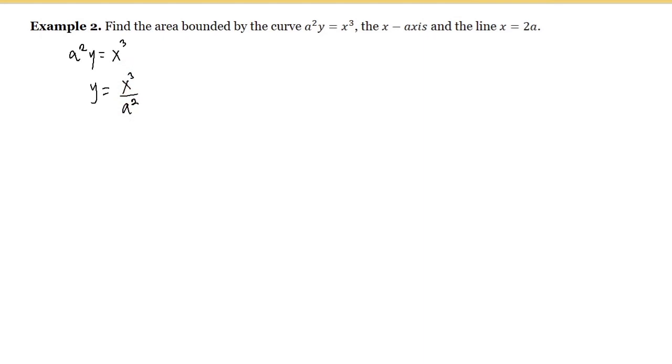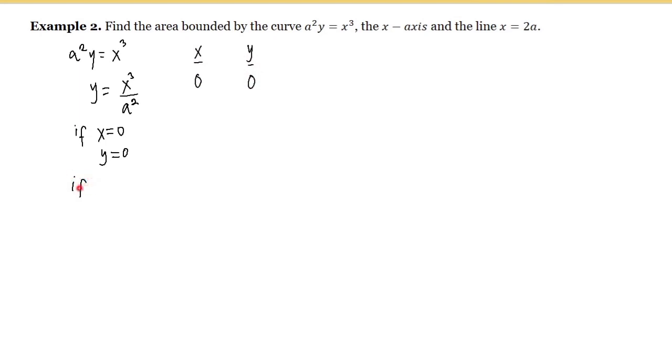Now, if we let x is equal to 0, then our y is also equal to 0. With this, if we write down our pair of coordinates, this is x, and this is y. So if x is 0, we have y is equal to 0.